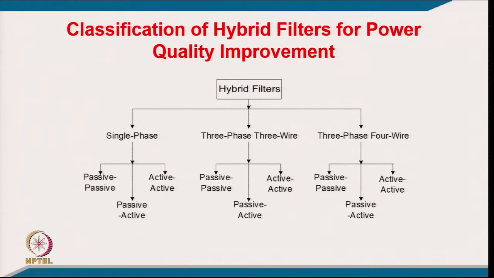Coming to the third category on supply based system, the 3-phase 4-wire, we can again have a combination of passive filters, passive active filters, or a combination of active filters. So, these are the typical classifications of hybrid filters.